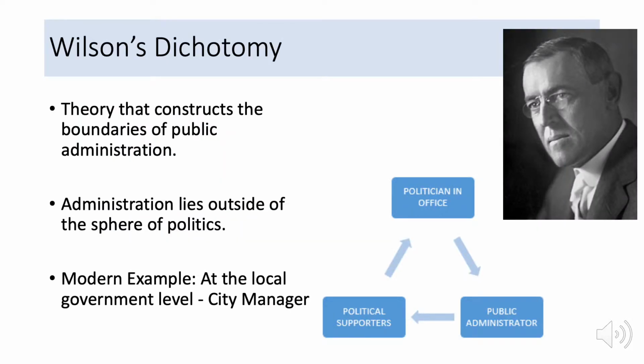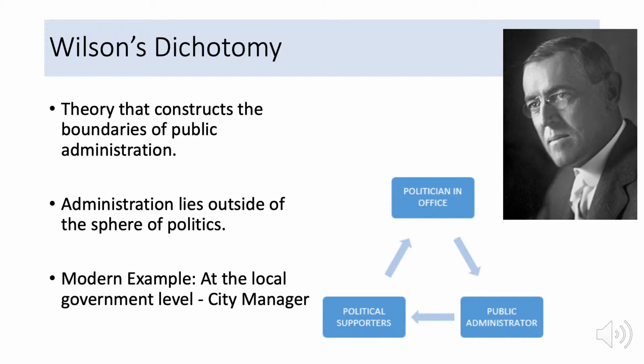Our first individual that we have is Wilson's dichotomy. In this theory, constructs the boundaries of public administration and asserts the normative relationships between elected officials and administrators in a democratic society. So what this means is that the political sphere is only determined by the elected officials.